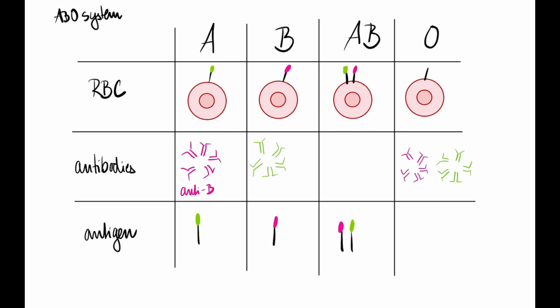That's why it's important to know these things. Also, let's move on to blood type B. If we have blood type B, you have anti-A antibodies circulating in your blood. If you've got AB, you cannot have either of them because, as I have said earlier, they would coagulate. These with the A type and these with the B type. So we don't want that because then it would be real bad.